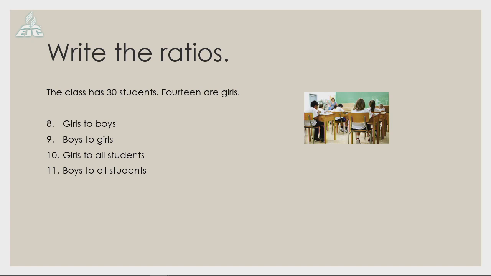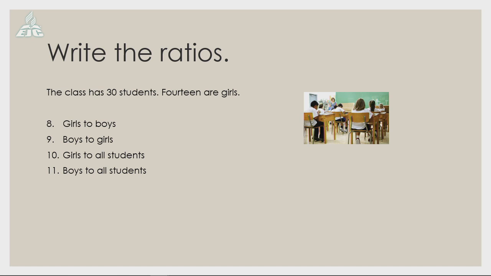I'm saying it again. The order in which you are given the ratio and for you to write your answer is very important. So we have girls to boys. Write your answer. Then we have boys to girls.